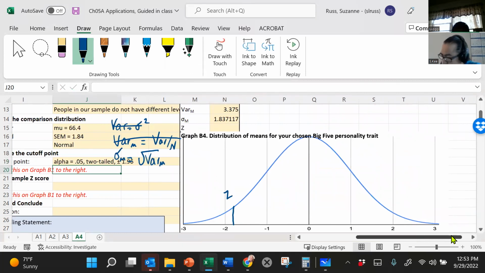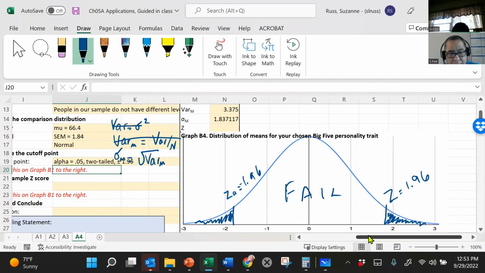Z critical equals negative 1.96, and Z equals 1.96. Shading in the tails for the reject region. And here is our fail region.